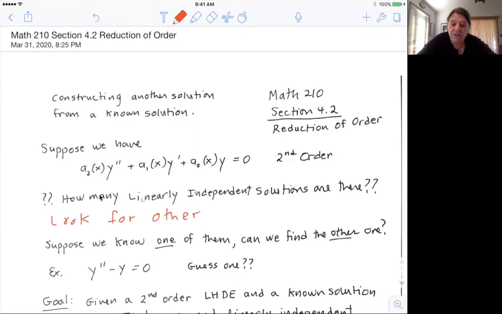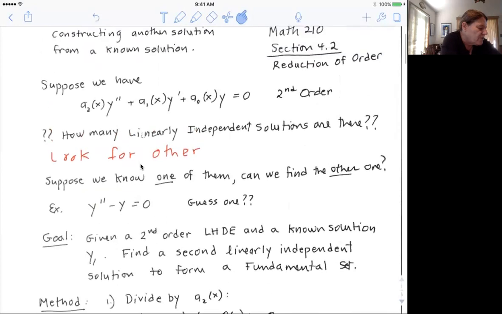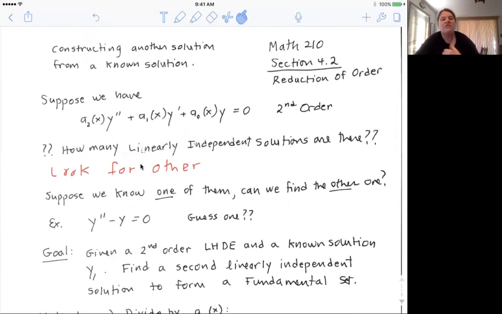Something turns out really nice when we actually do the proof of this thing. So if you look at this one right here, y double prime minus y equals 0. Looking at what happens there, you double differentiate something, then you take away the original, and you get 0.